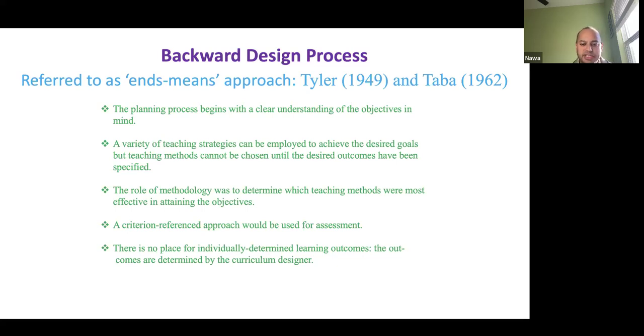So a criterion-referenced approach would be used for the assessment. Instead of going with the norm approach, it will be the criterion-referenced approach, meaning out of 100%, how much the student is able to learn, able to score in the assessments. And as opposed to the central design, there are no individually determined learning outcomes here.